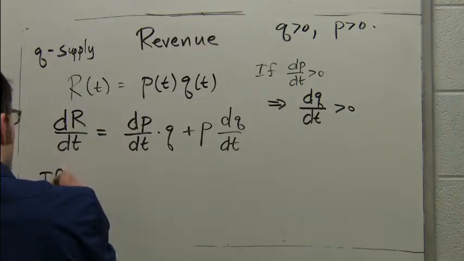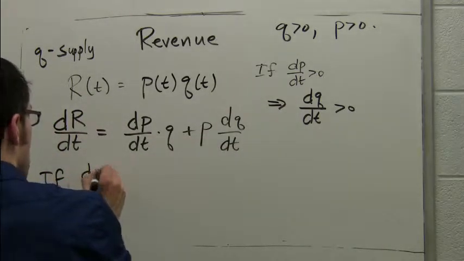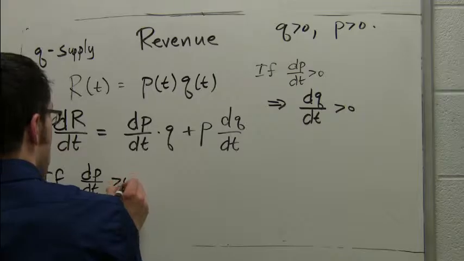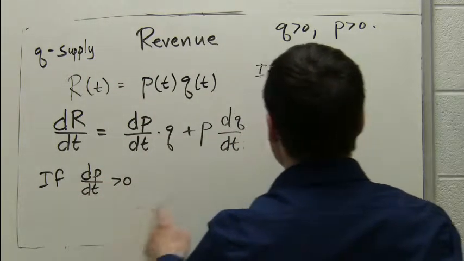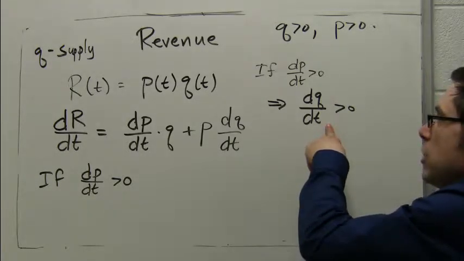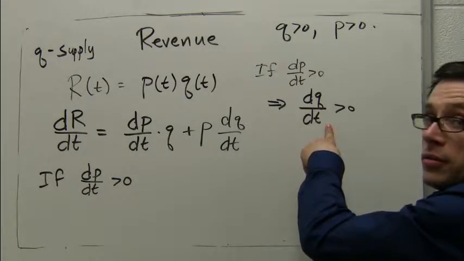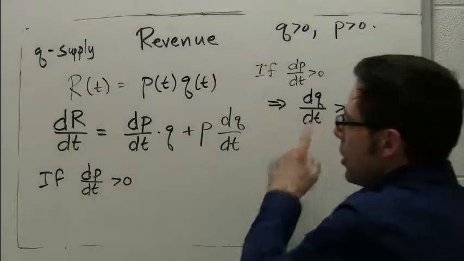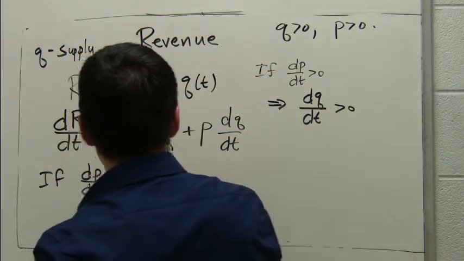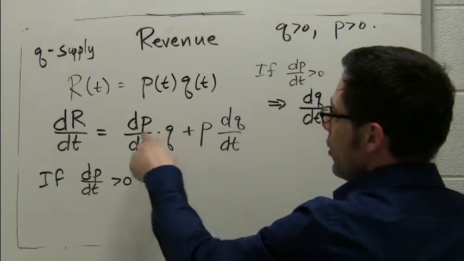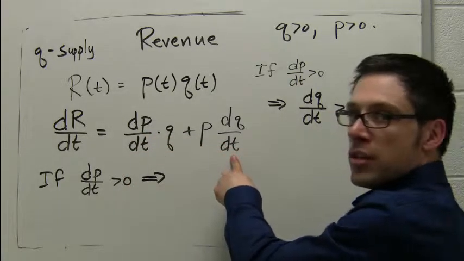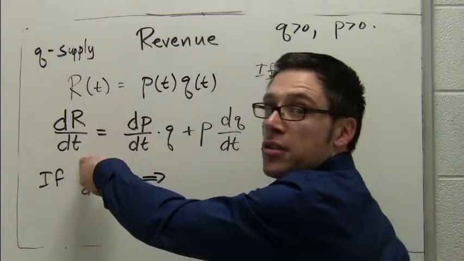Using this same idea, if dp/dt is positive on the supply side, the change in supply is going to be positive. Supply is going to increase, and since P and Q are both positive quantities, this is increasing and this is increasing, that means this has to be increasing.